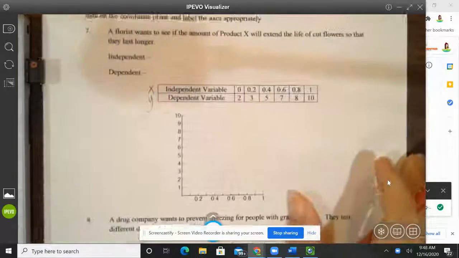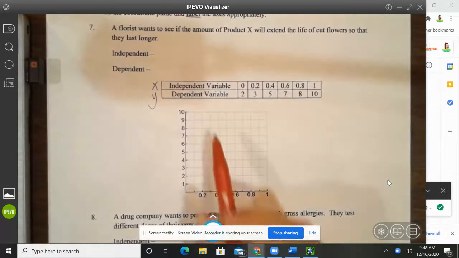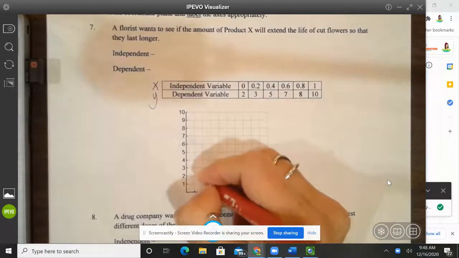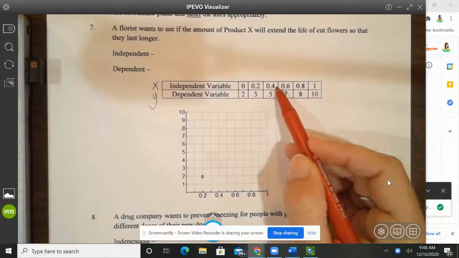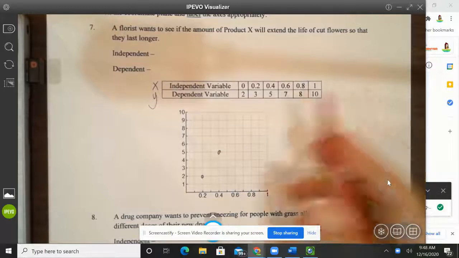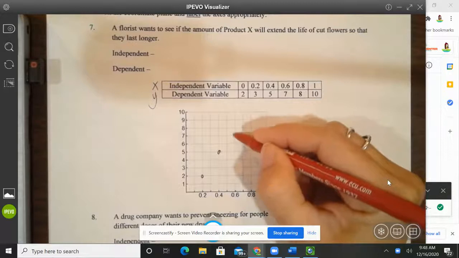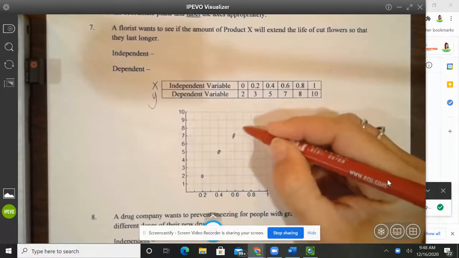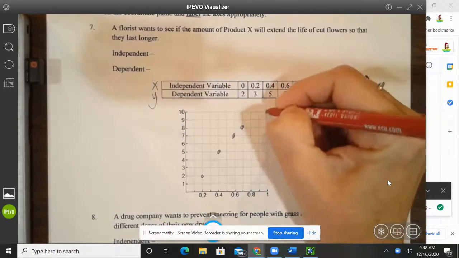So the independent will be my X, and my dependent will be my Y. When it's 0, that would be 2. When it's 0.4, that would be 5. Notice that it's a linear function, right? 0.6, that would be 7. 0.8, that would be 8. And then 1, that would be 10.